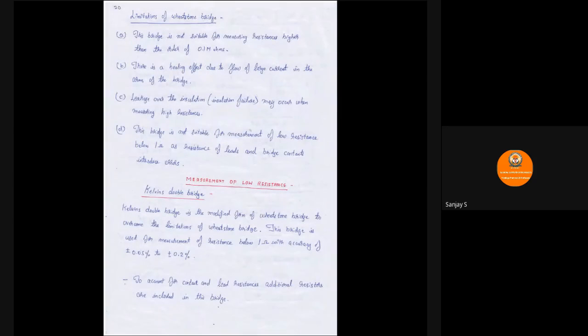Next, we'll talk about limitations of Wheatstone bridge. This bridge is not suitable for measuring resistances higher than the order of 0.1 mega ohms. We very well know this because it's a bridge suitable for measuring medium resistances. Next one, there is a heating effect due to the flow of large current in the arms of the bridge.